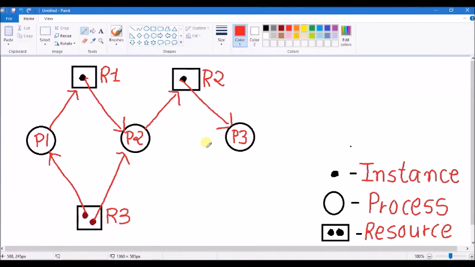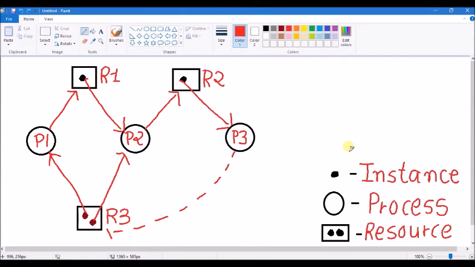But suppose process P3 needs to access resource R3, then it will send a request for resource R3, and if this happens, there is a cycle, and hence this system goes into deadlock. So this is what is known as the resource allocation graph.